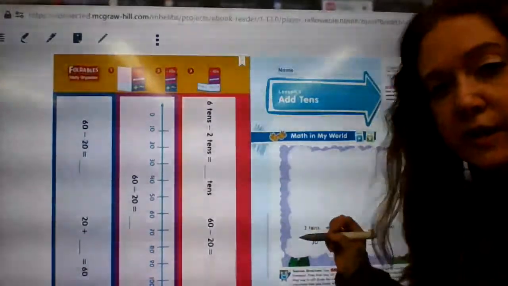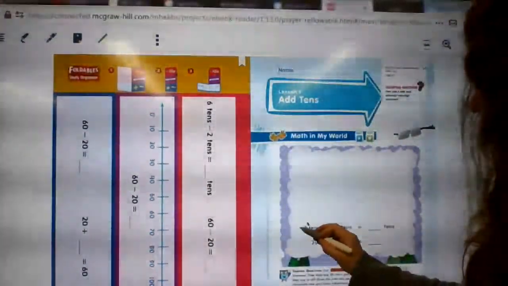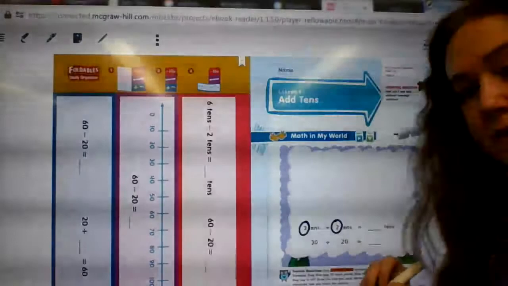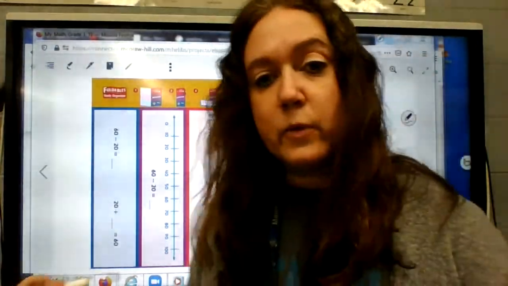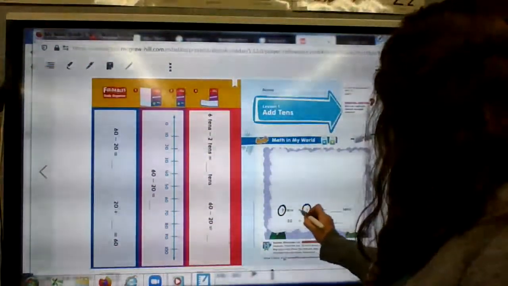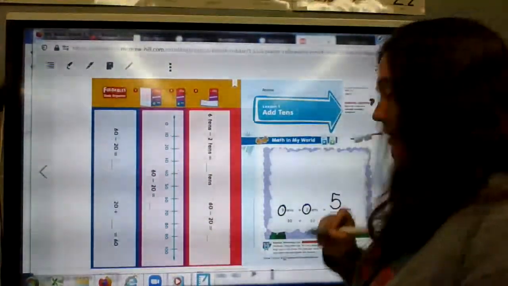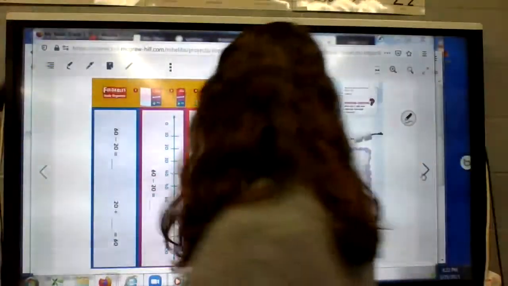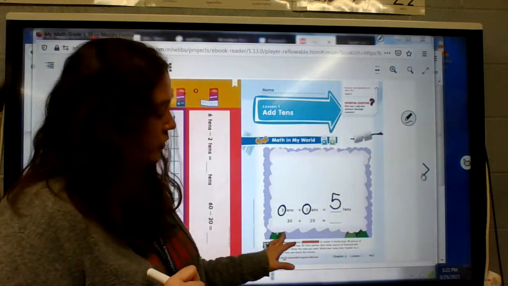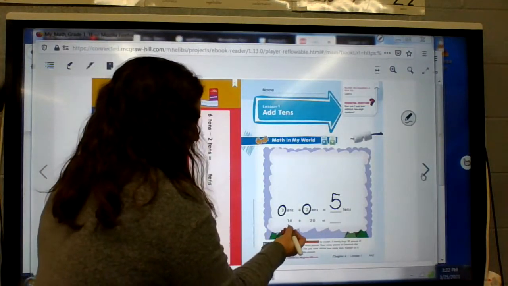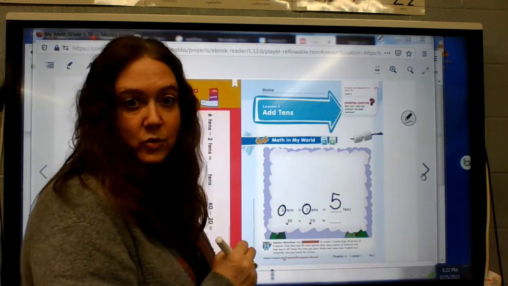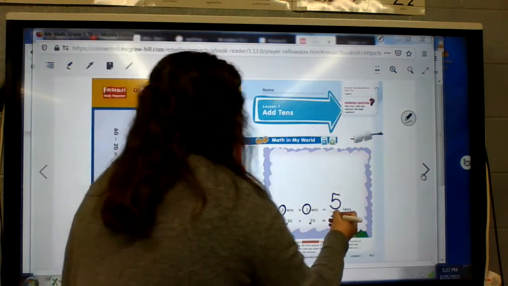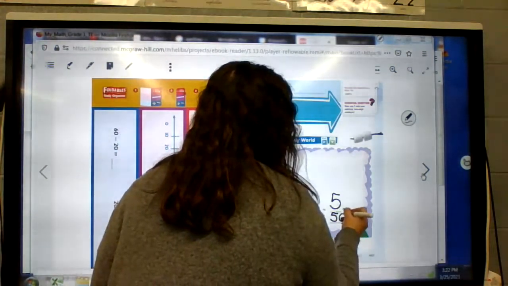If we have here 3 tens and 2 tens, so it's like 3 plus 2. 3 plus 2 is 5. 5 tens. Okay, so now 30 plus 20, right? It's 3 tens plus 2 tens. 3 tens plus 2 tens is 50.